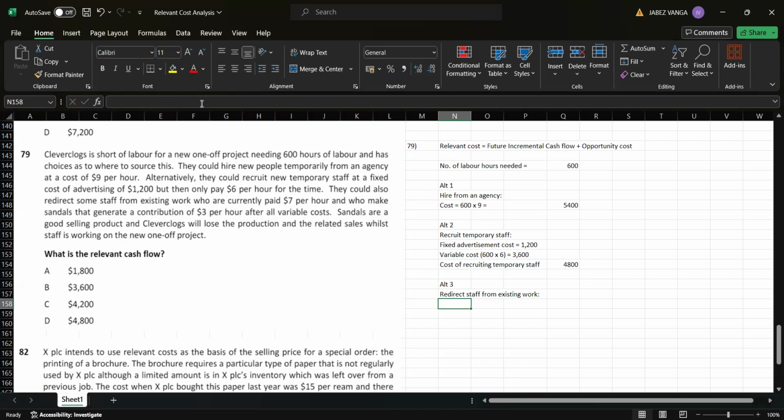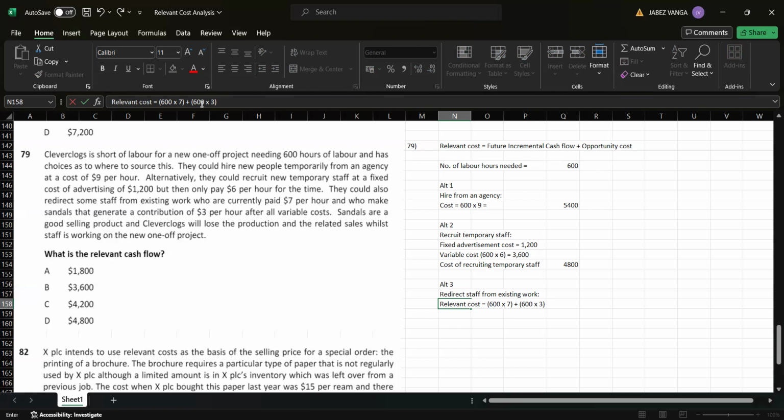So we see the relevant cost in this case. One is future incremental cash flow, which is, we see 600 hours are paid at the rate of $7 per hour, plus they will have to forego $3 contribution, okay, who make sandals that generate a contribution of $3 per hour.